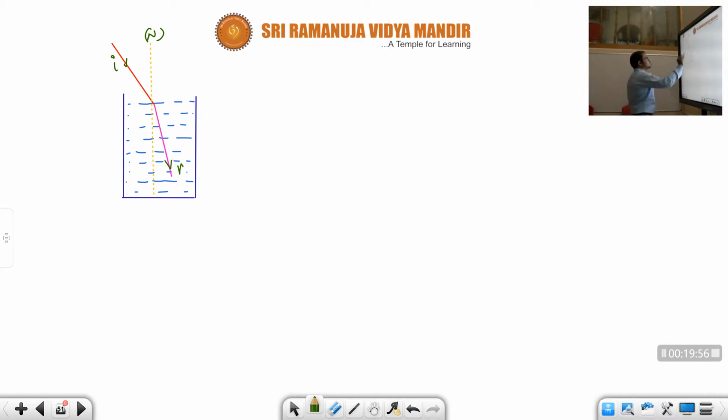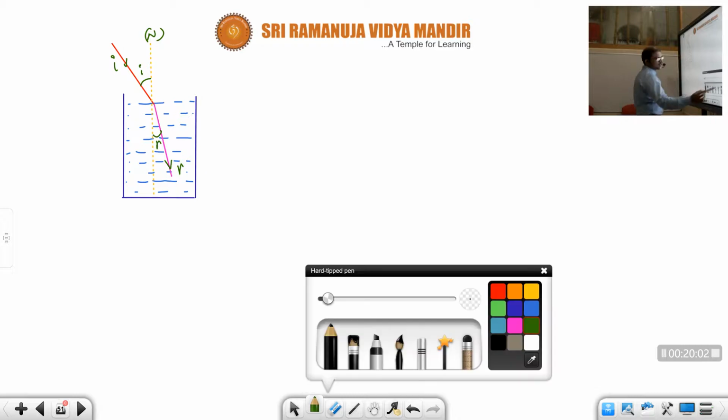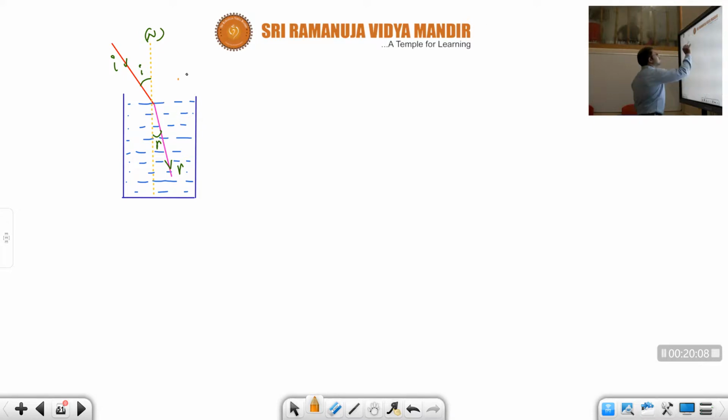Let us consider this one angle I, and this one angle R. Here let us consider the surroundings is some air, so this one will be refractive index mu air, and this one is water, so the refractive index is mu W. The medium is water.